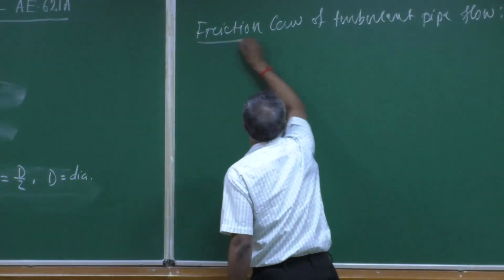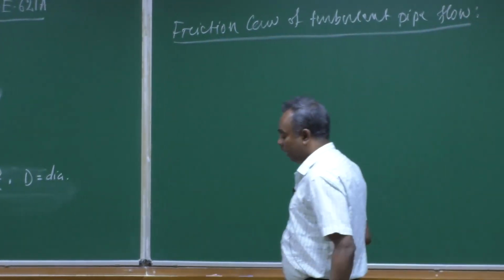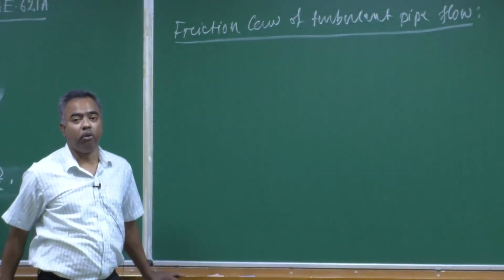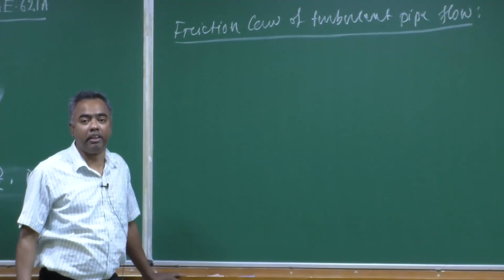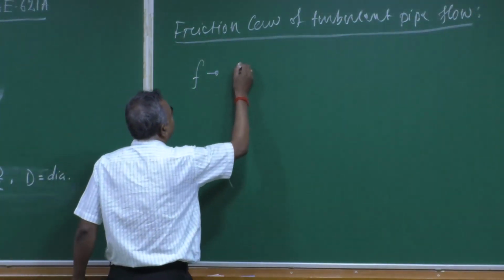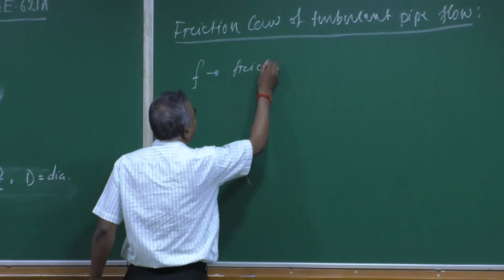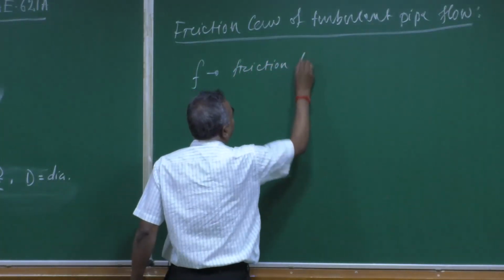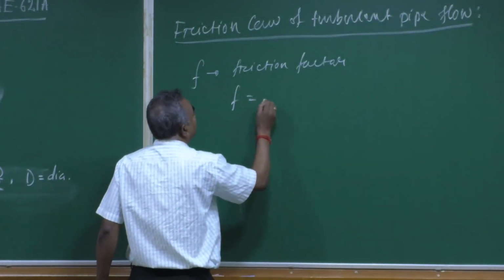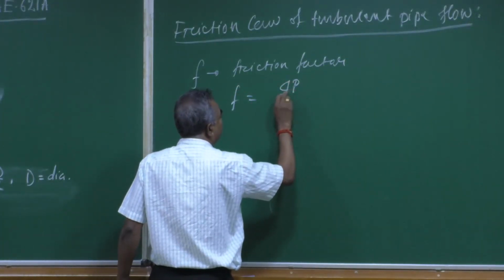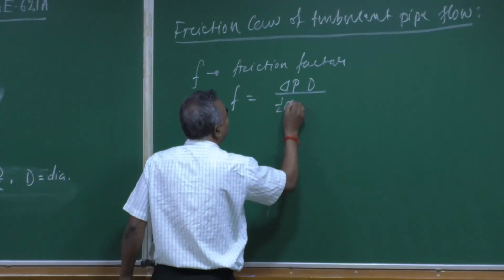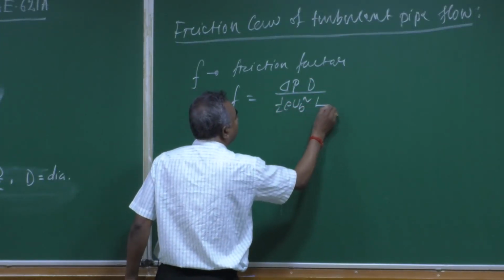Usually, instead of skin friction coefficient, for pipe flow the friction factor is very often considered, defined as F equals pressure drop delta P times the diameter of the pipe, divided by half rho U_b square times the length of the pipe.